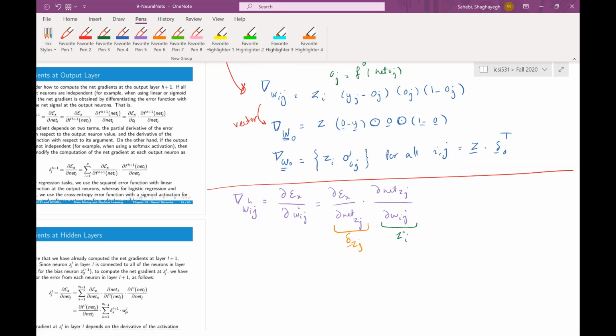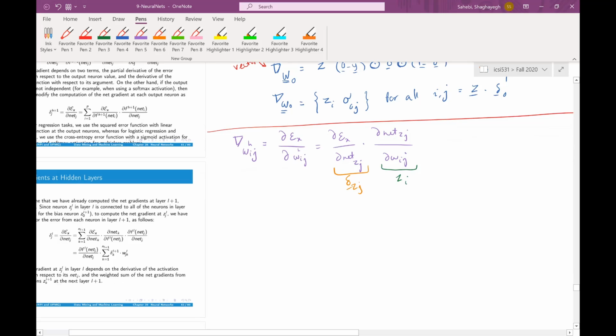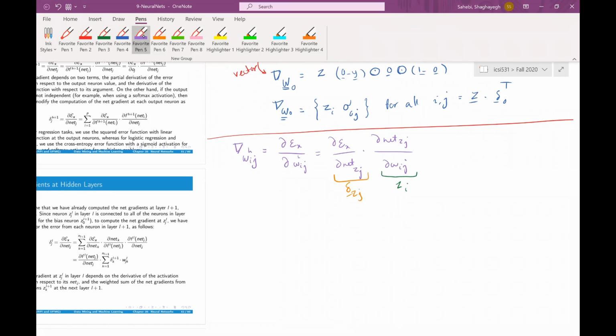So if I want to actually write that, it's going to look like this. For multiple layers, the derivative with respect to all parameters in layer L of hidden layers is going to be equal to ZL, the output of our layer, dot the net gradient of the next layer, L plus 1, transpose.